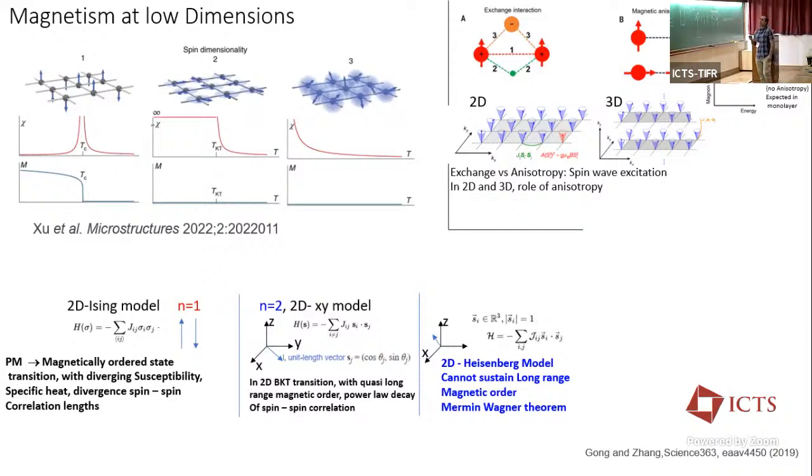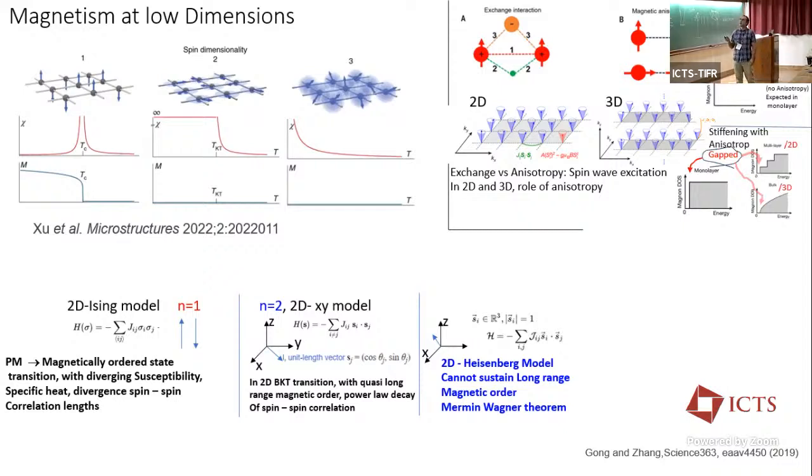Because of the presence of this anisotropy, often the magnonic spectrum is gapped out, and there is a certain energy cost to excite the magnons. Therefore you can actually stabilize an order even in 2D magnetic systems.